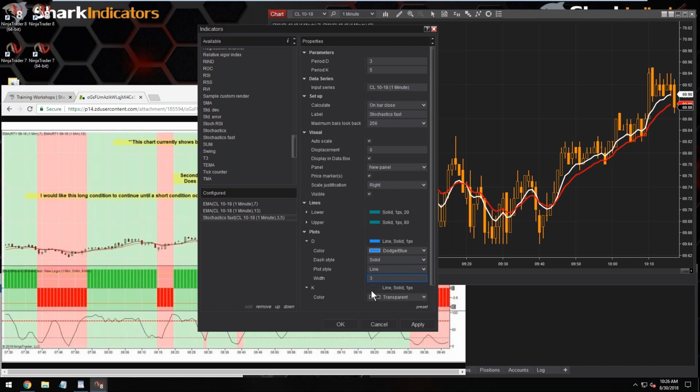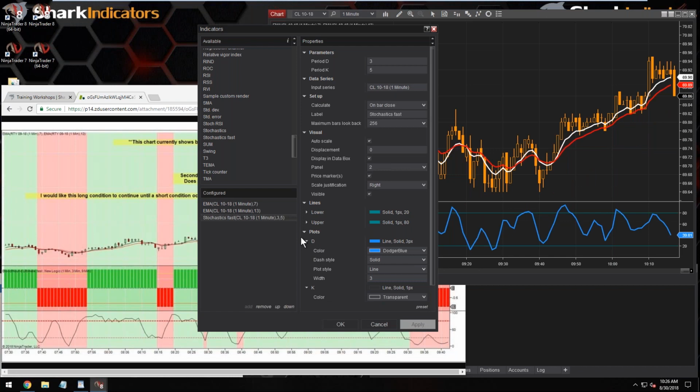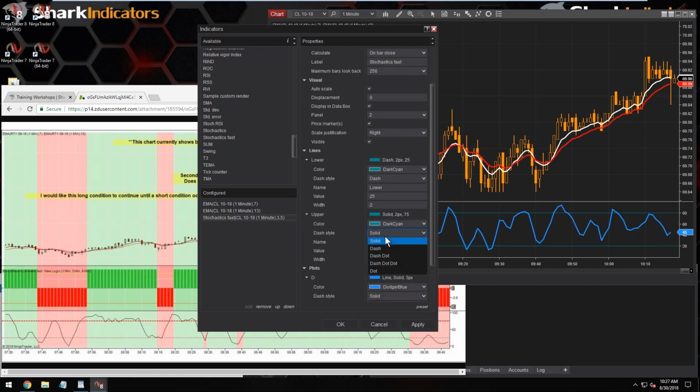And let's make that a little thicker as well. Then let's set our lines here: we're looking for a 25 and a 75 line. And then lastly, let's get BloodHound on here.